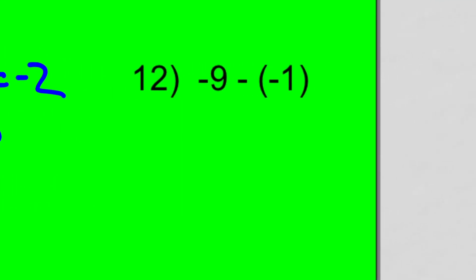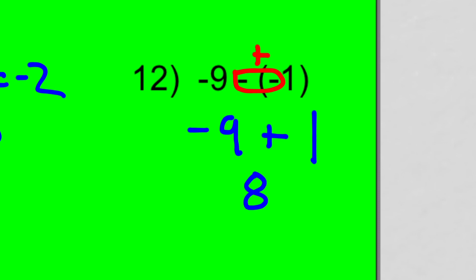Same thing right here. Negative 9, take away negative 1. Subtracting a negative is the same as adding a positive. So I would rewrite this question as negative 9 plus positive 1. The sign in front of the integer goes with the integer. 9 negatives and 1 positive. The signs are different, so I subtract. Since I have more negatives, the answer is negative.